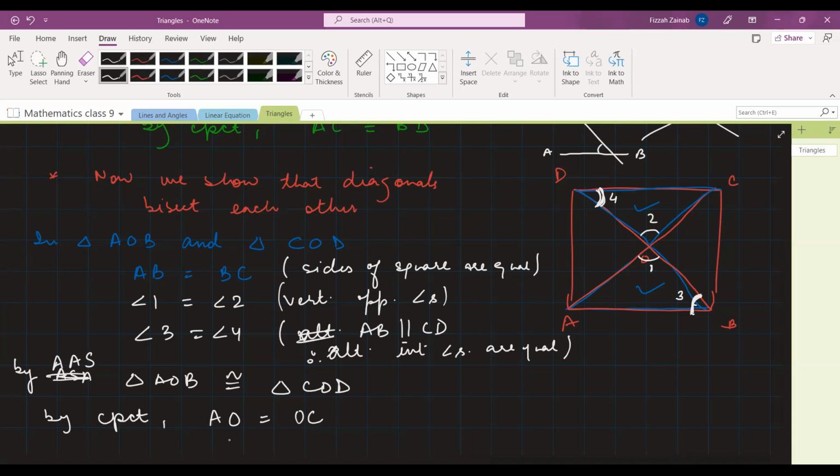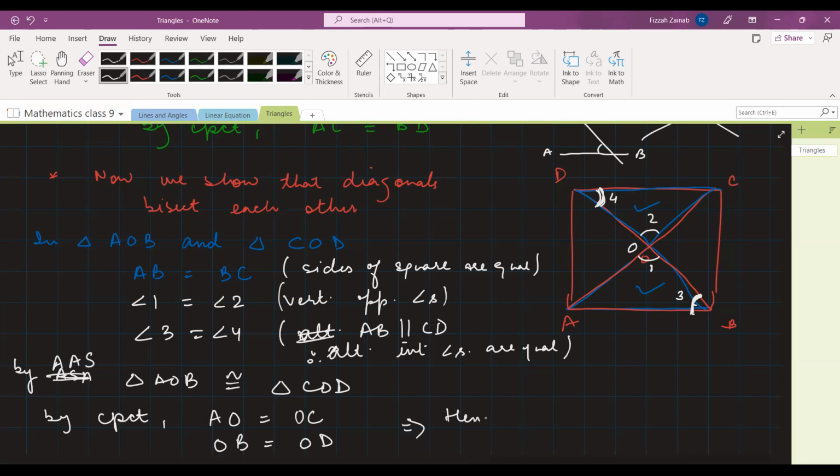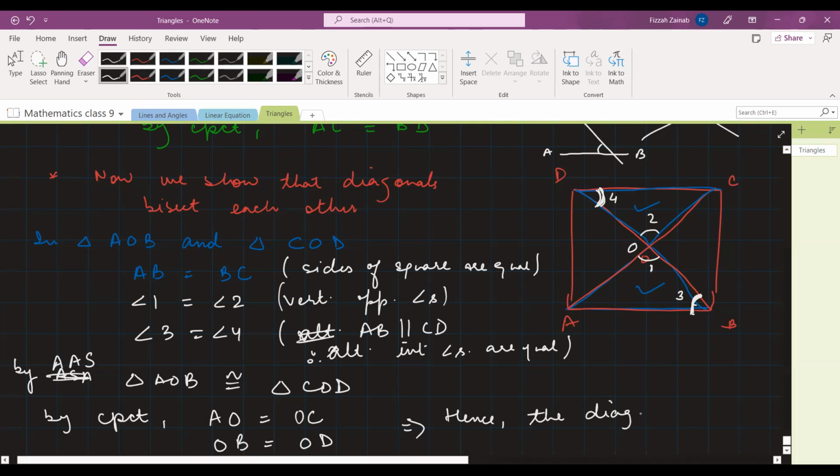Okay. And then this is O, right? And then OB is equal to OD. So what does it imply? Hence, the diagonals bisect each other. So this we have proved.